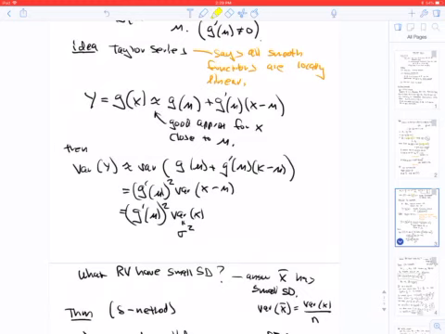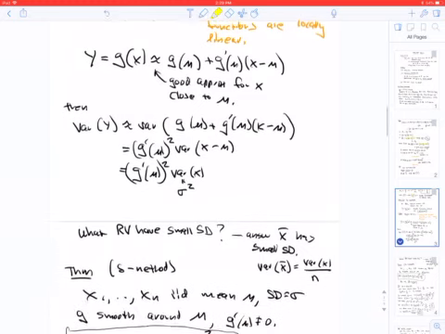So assuming that X has a small SD, we see then that the variance of Y is G prime mu squared sigma squared. So now, when is it that X has a small SD? Well, the random variable that will be of interest to us is the sample mean.